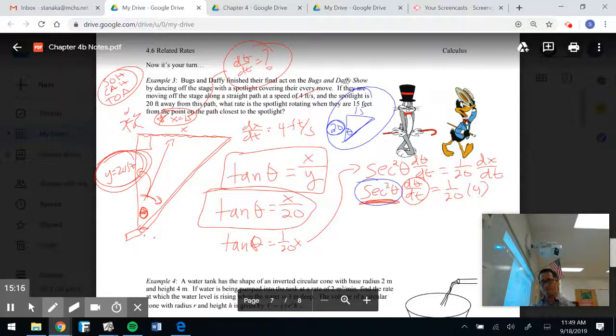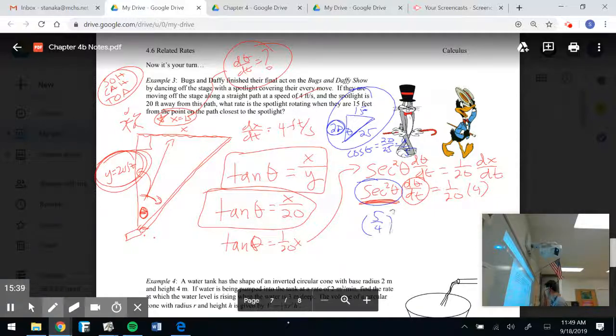That's a 3, 4, 5 triangle. 3 times 5, 4 times 5, 5 times 5. So that's 25. So cosine of theta, class, would be equal to the adjacent over the hypotenuse, which reduces to 4 over 5. So guess what? Secant then would be 5 over 4.